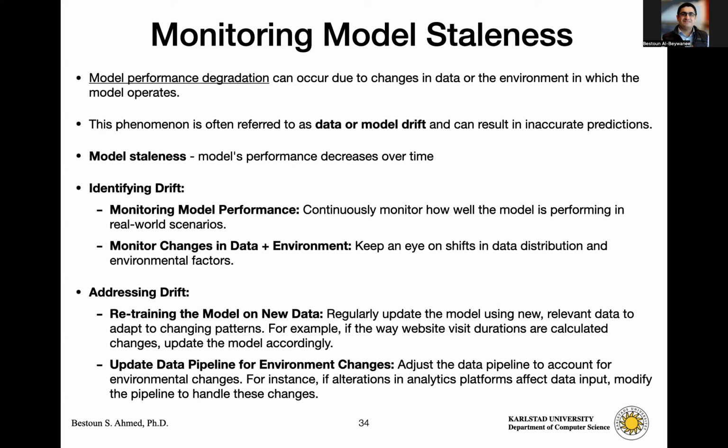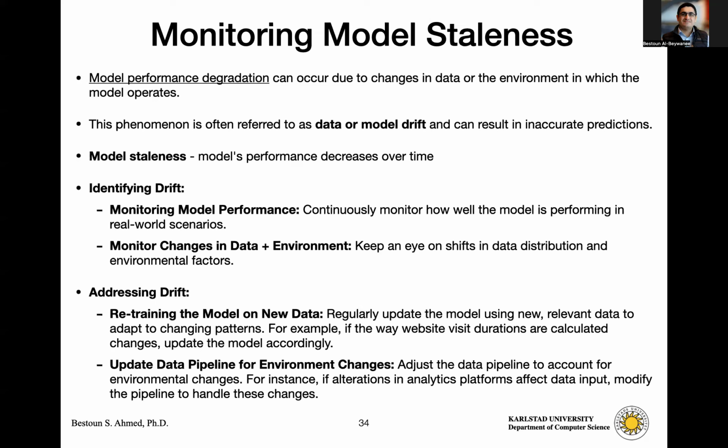For example, when the data is changing or the environment is changing, or when the environment and the data are changing both together. In the literature, the name is data drift or model drift.